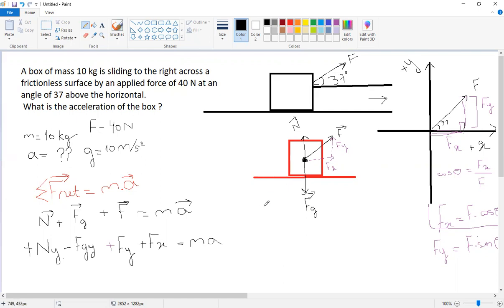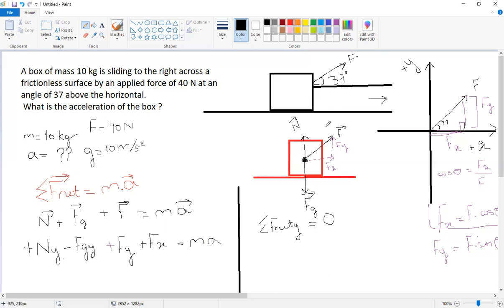This means that the net force, as we spoke in the last video also, along the y direction is equal to what? There's no acceleration along the y, so what should we put? It's equal to 0, okay? So the forces that are acting along the y are all equal to 0.